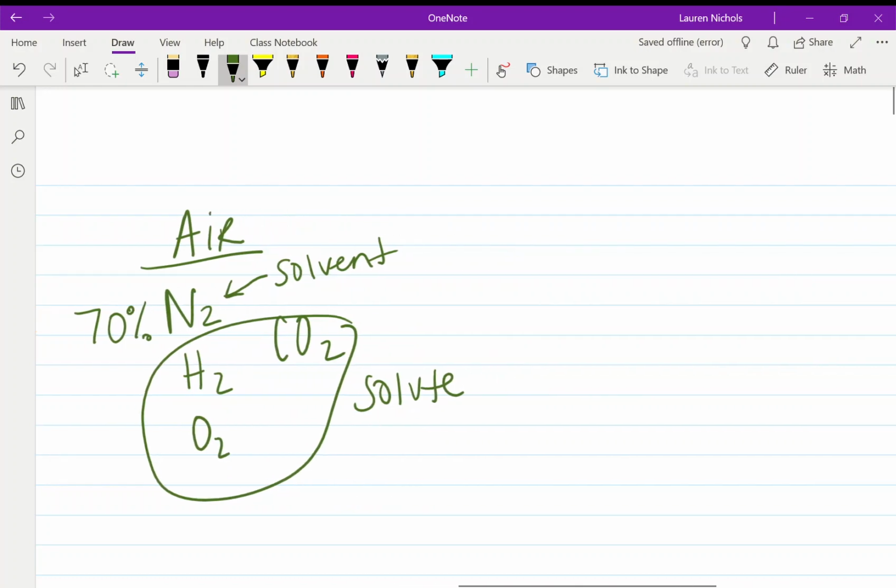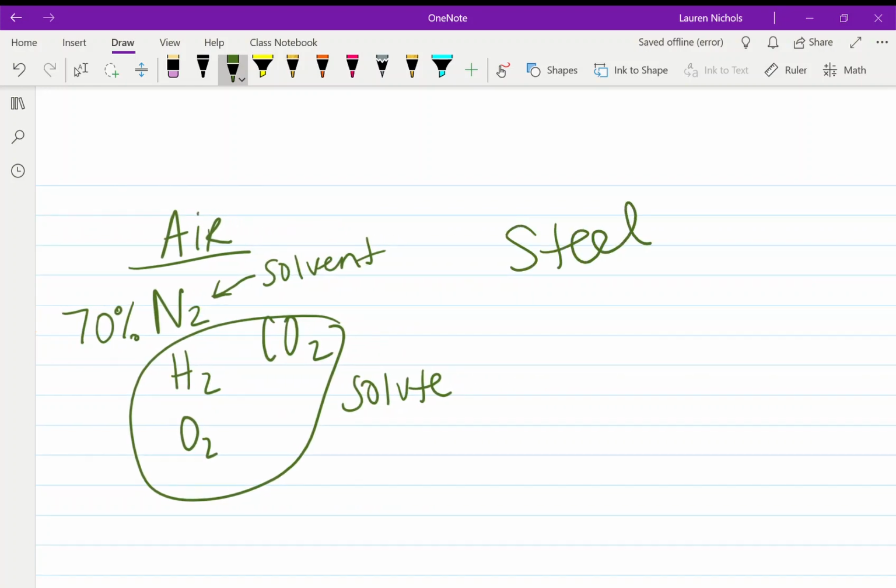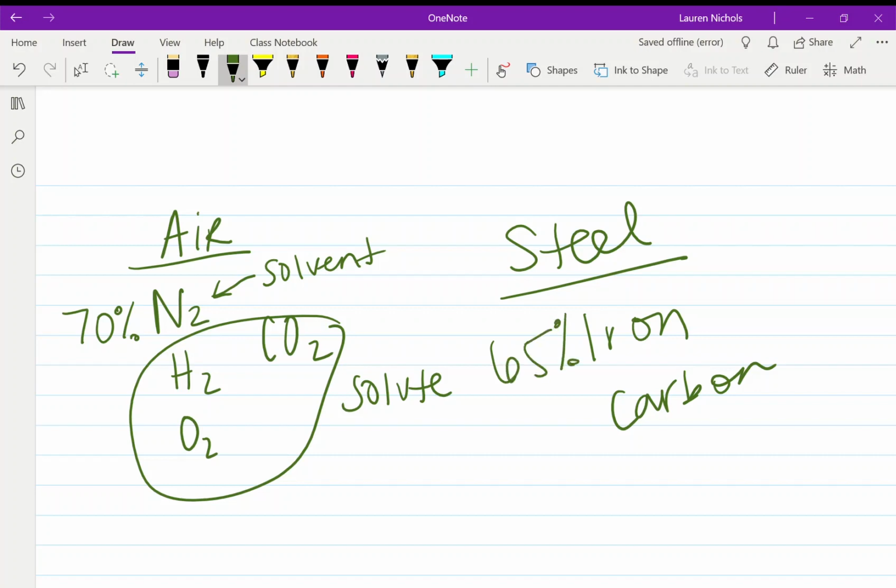Or for example, if you had steel, steel is a mixture of iron, carbon, and maybe one other thing I can't remember, but pretty much iron is like 65% of steel. And so that would make iron our solvent, whereas carbon would be our solute, because there's less of it than there is of the iron.